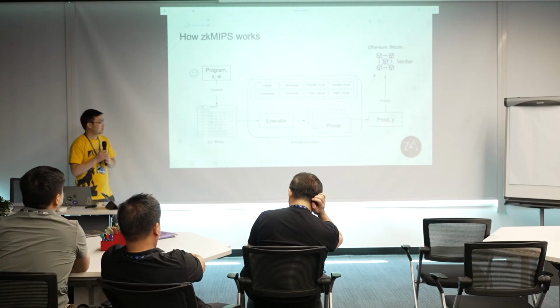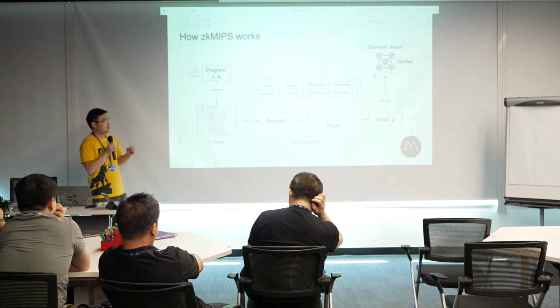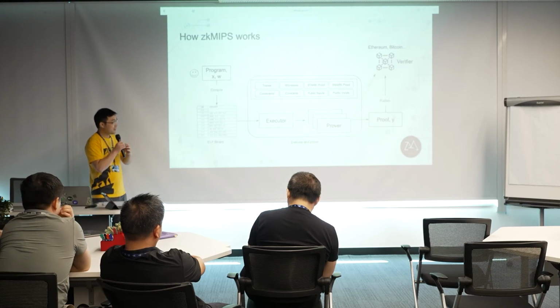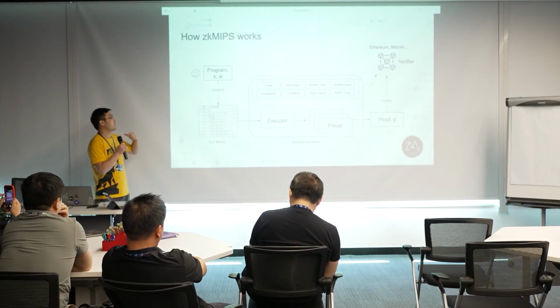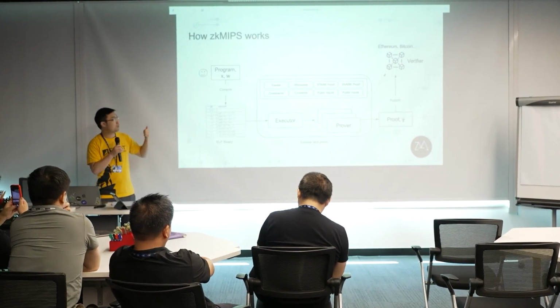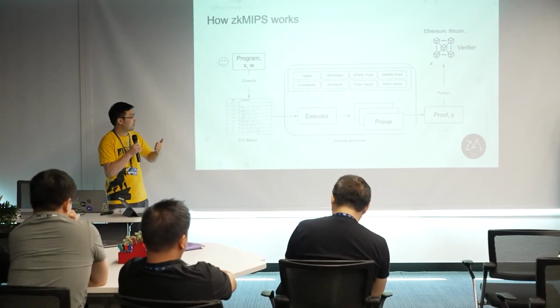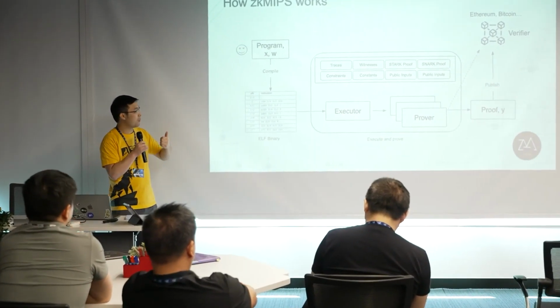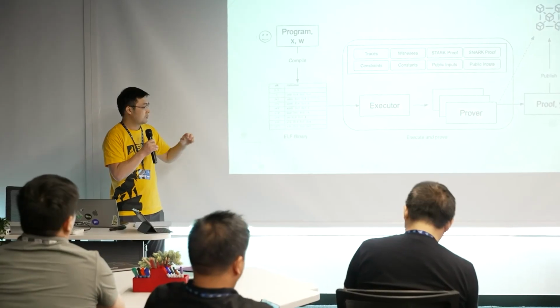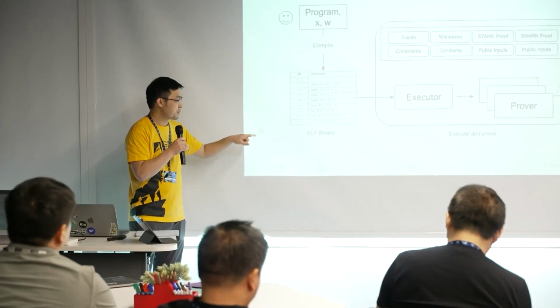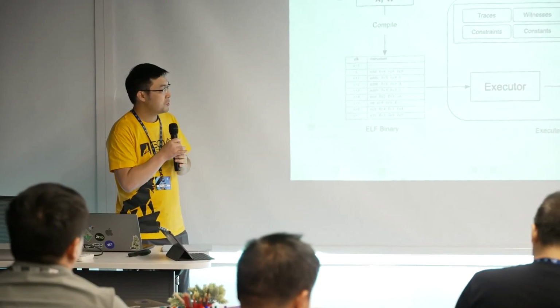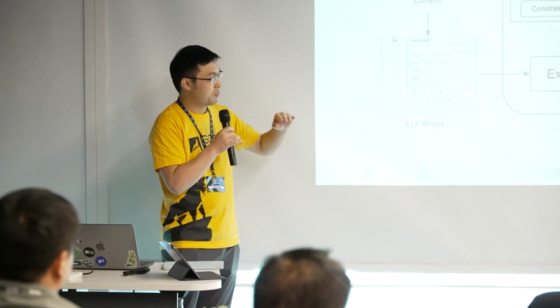So we put everything together. The user has a program and inputs, private inputs and public inputs, and it is compiled to a MIPS binary, and then we have a proving network.